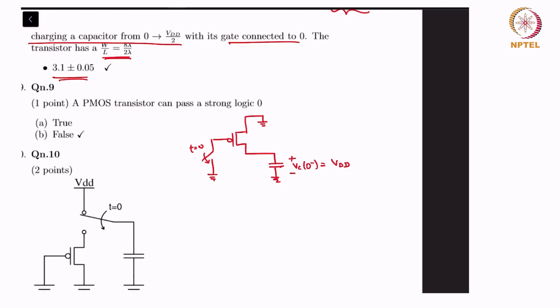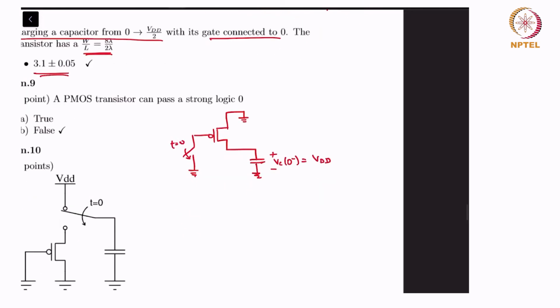Even if you were to assume, for the first case, the level 1 SPICE model, as we have seen in previous problems, since this is the direction of the current, that makes this the source and this the drain, and so this voltage can only drop all the way to mod VTP under the level 1 SPICE model.